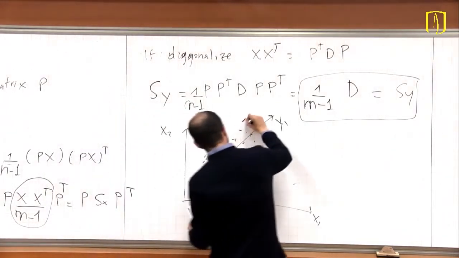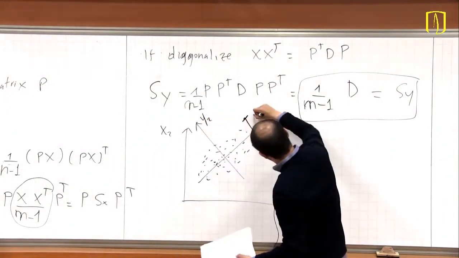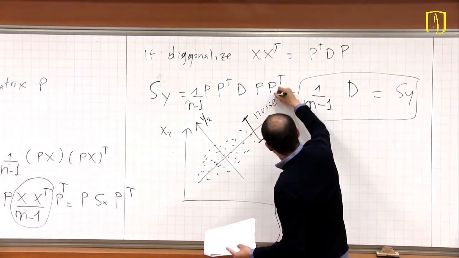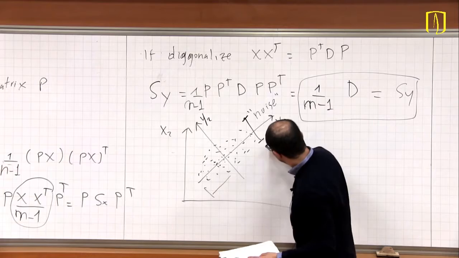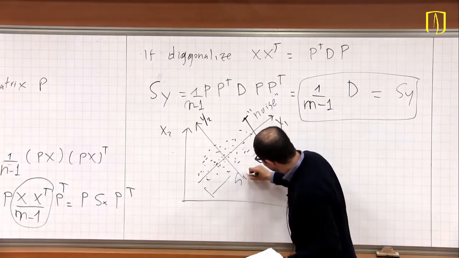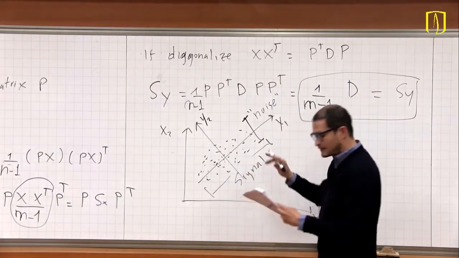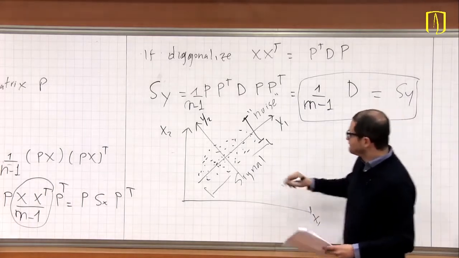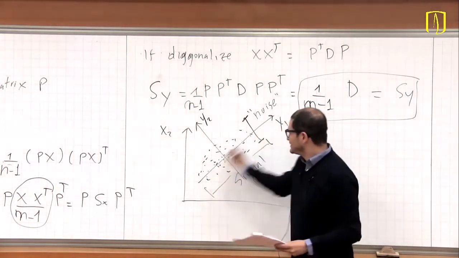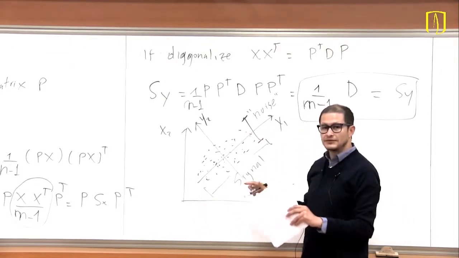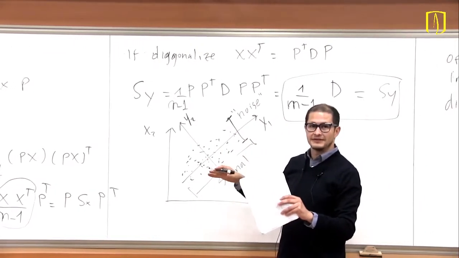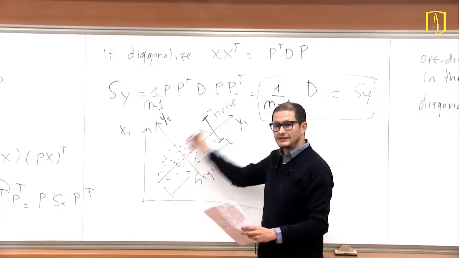And so you can think about this as the noise, quote unquote, and this is the signal, quote unquote. This distance here, the signal, corresponds to an estimation of the variance of the data along these dimensions.